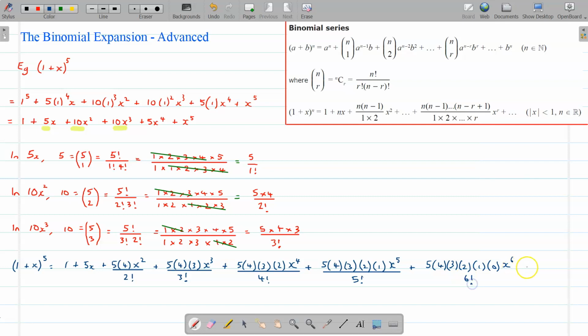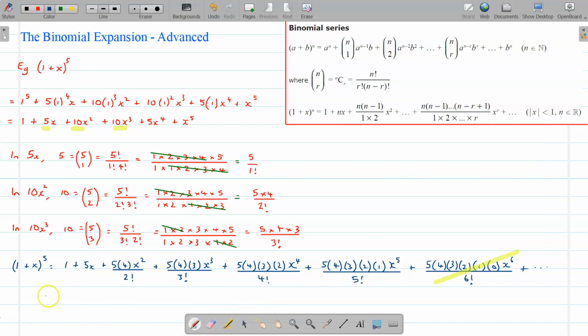And you could carry on, but there would be little point, because every term, including the one I've just written down, would be 0, okay? Because you're always going to have this 0 in here, which is going to cause the whole thing to be 0.